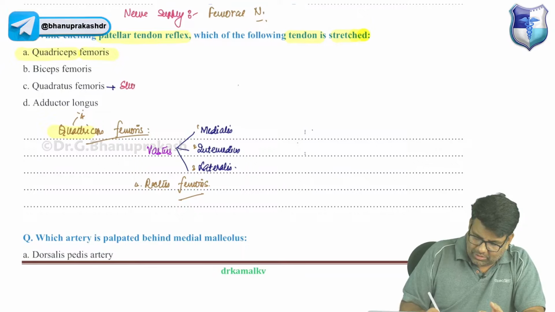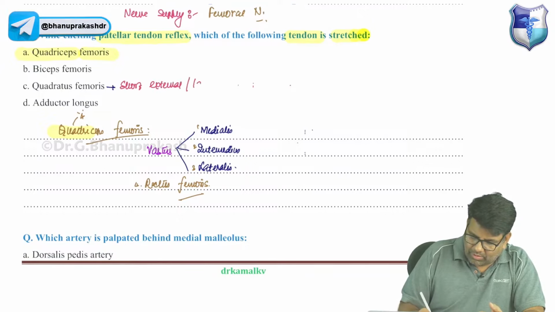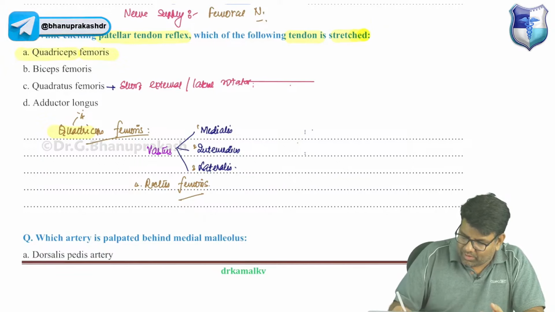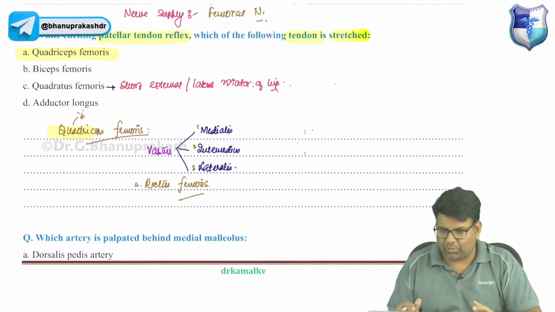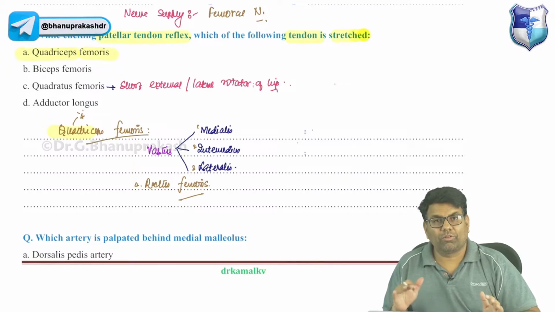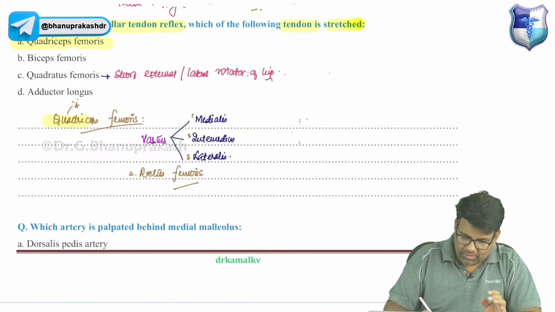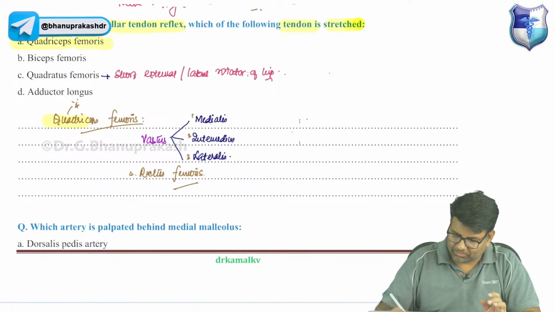So this is a short external lateral rotator of hip. Right? So please don't mix up quadratus with quadriceps. Yeah, number 1. Now number 2, we'll come to the question proper.